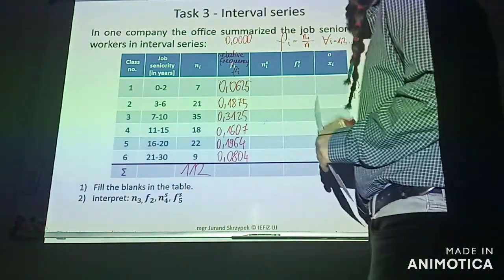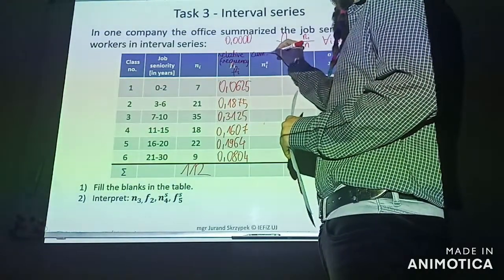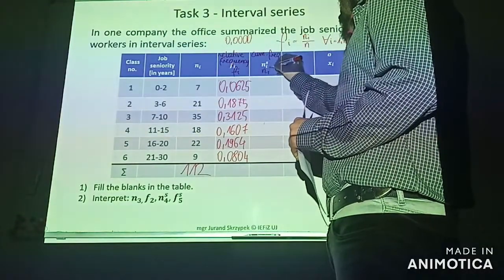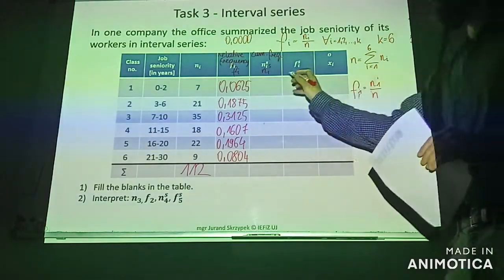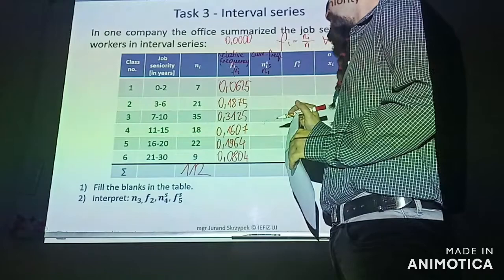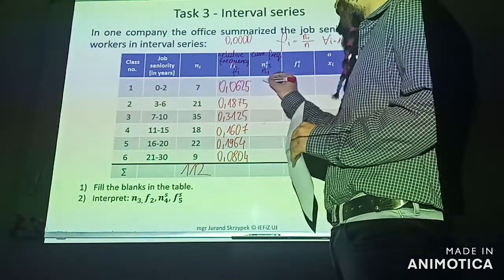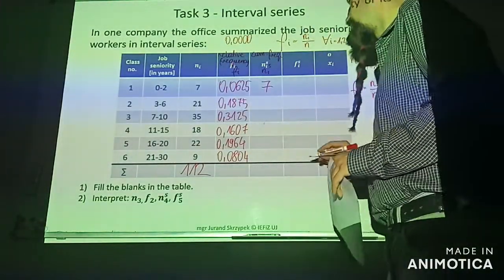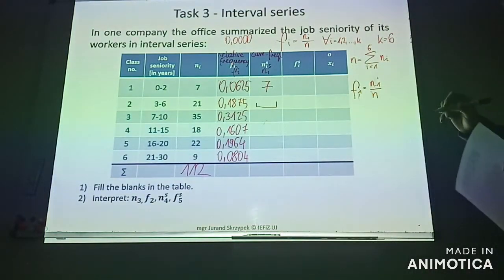And now we have cumulative frequencies, Nis. As you remember, the first cumulative frequency is equal to the first frequency, 7. In the next step, how to obtain the second cumulative frequency?